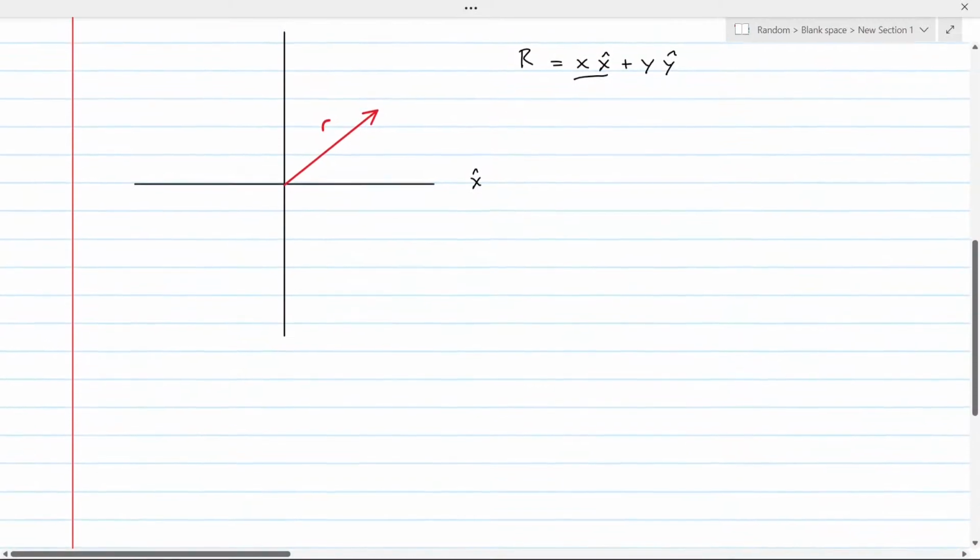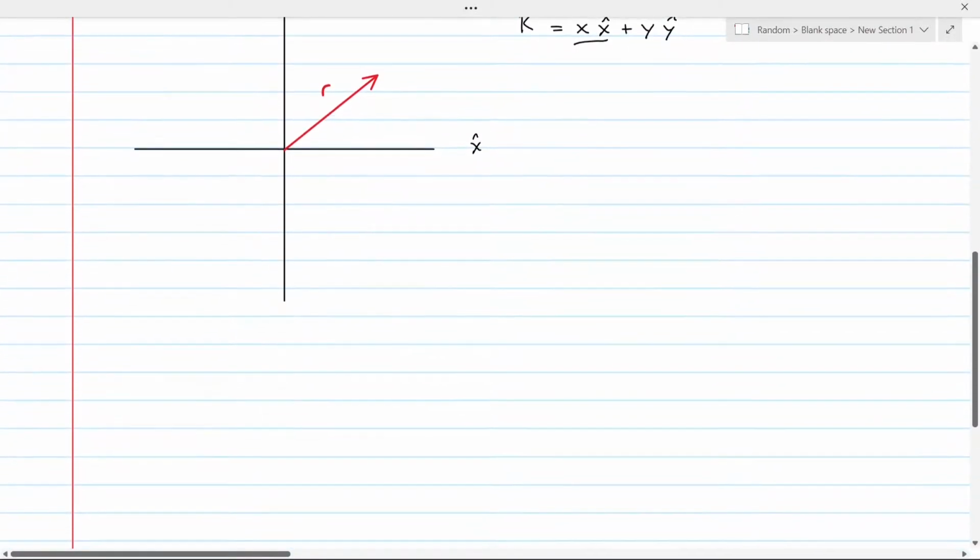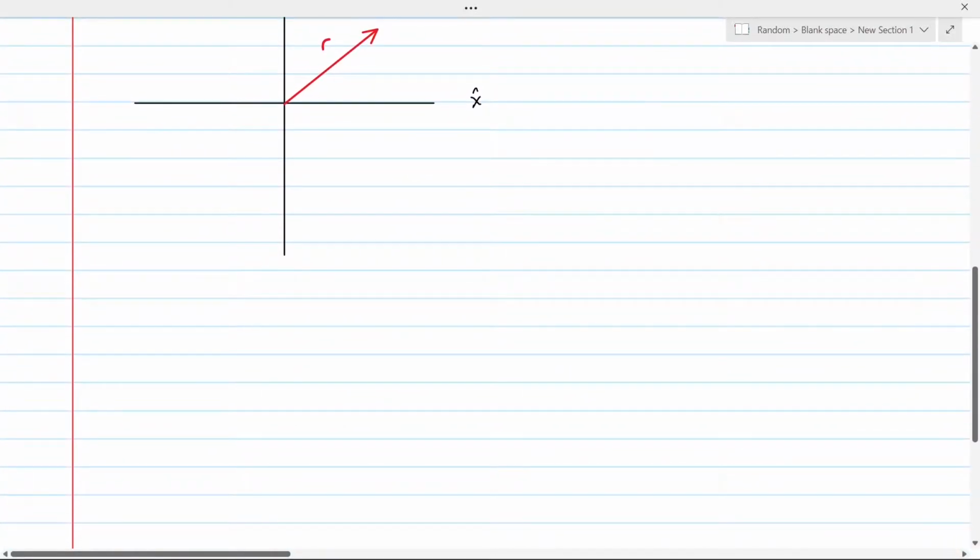In case this doesn't make sense to you, x hat, or a unit vector, is a vector whose length is 1, hence unity, and we will multiply a unit vector by a scalar.